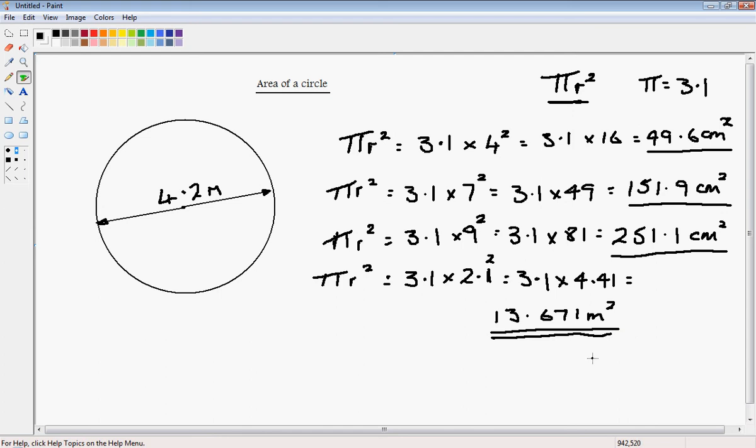Okay, remember, units are all important. So if you were buying a sheet for this, you would buy, say, a 14 meter squared sheet, so that you'd have a little bit too much.